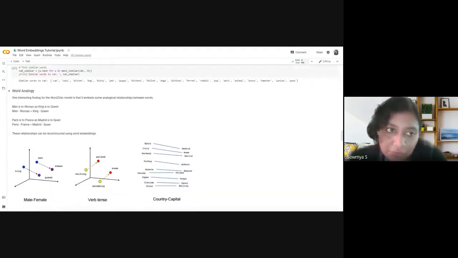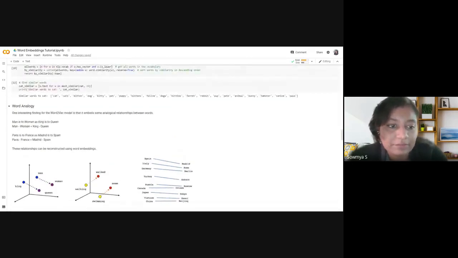But you are right. If you have two exactly same sentences with the same words, your similarity is going to be one because you're taking the sum of the vectors and taking the average. You're not capturing multiple meanings, which is why at the end of the last lecture, I was telling we'll be looking at contextualized embeddings, where given a word and a context, you will get different embeddings.